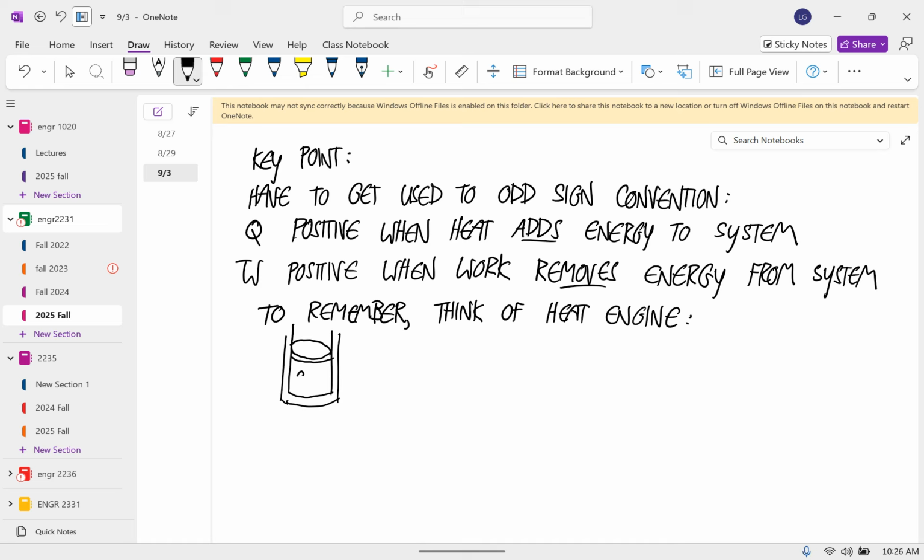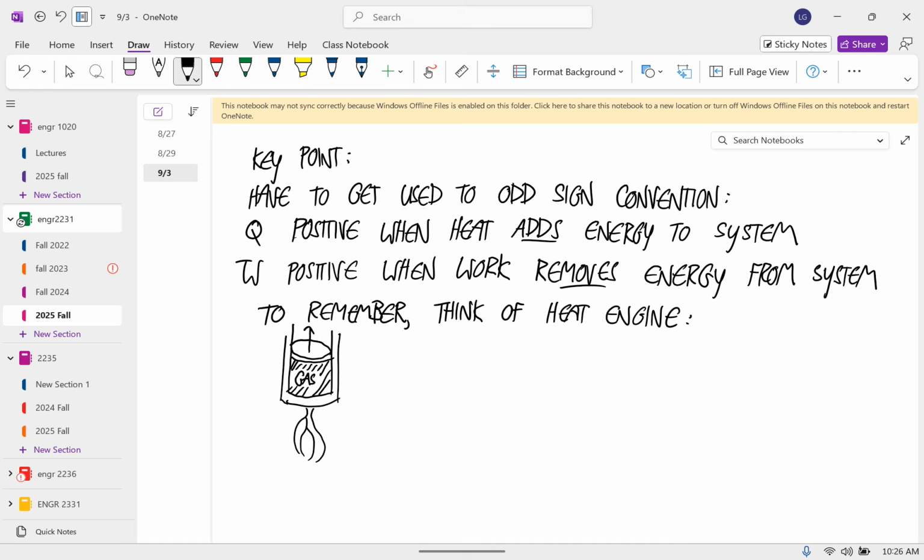Your gas is in here. That's your system. You do something to raise the temperature of the gas, and the result is that that piston rises.